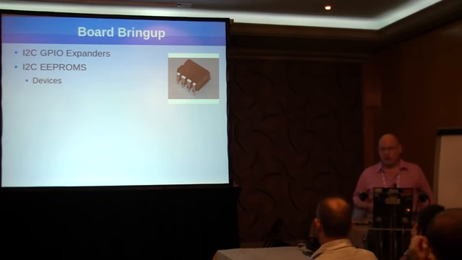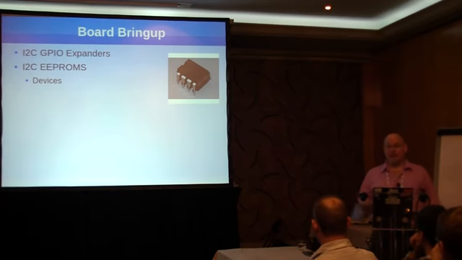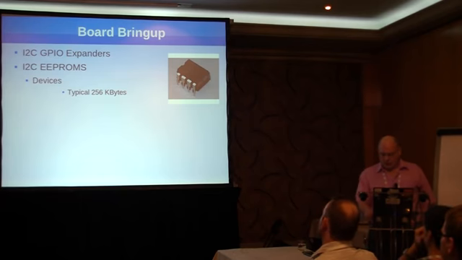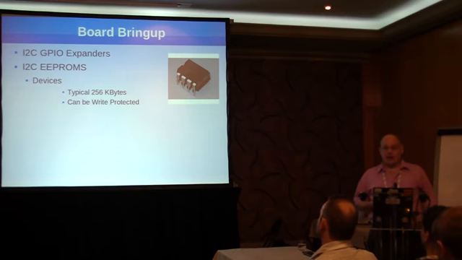So they're extremely prevalent, and because they're mass-produced, they are extremely inexpensive. A typical one is going to be about 256 kilobytes. They can be write protected, so if you have some data on there that you want to prevent from being erased, you can do so. And like I said, they're extremely low cost. You can purchase some versions of EEPROMs for less than 1 US cent.